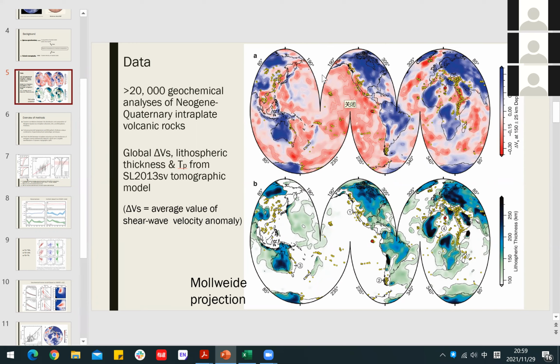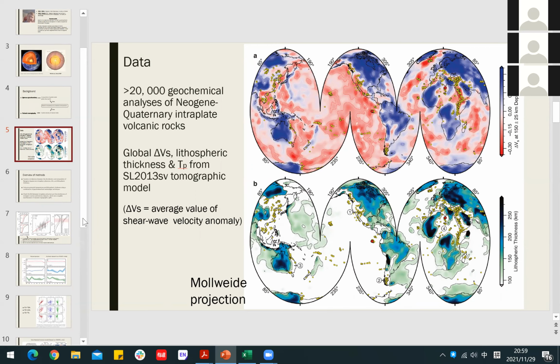Is this a typical element ratio used in geochemistry by geochemists or geophysicists? I'm just wondering. Is it the La/Sm ratio? Is this typically used by you guys? Actually, La/Yb is more commonly used.